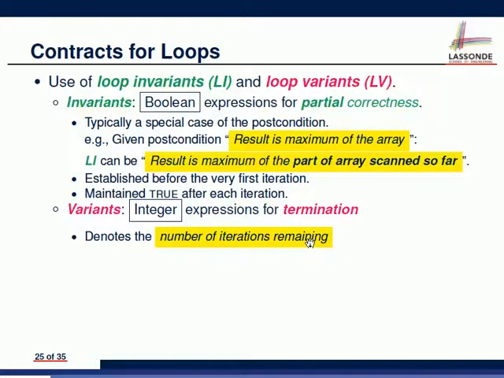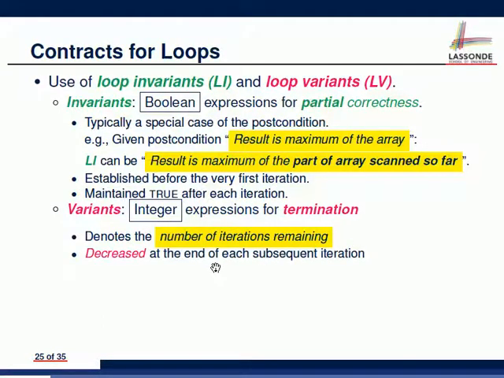If I have an array of size 4, the initial value for the variant should be 4, telling me there should be 4 iterations to be done. After the first iteration, it should decrease from 4 to 3, 3 to 2, 2 to 1, 1 to 0. Once I reach 0, that means I must terminate now.